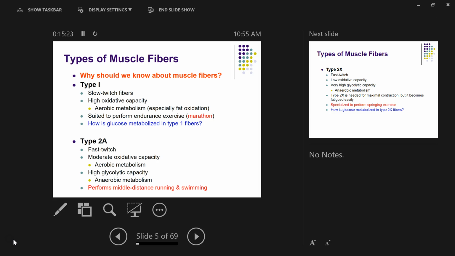So that means glucose can be oxidized in the type 2A fibers through glycolysis as well as complete oxidation, further oxidized through the TCA cycle, right? And this type of fiber is usually used to perform mid-distance running or swimming, this type of exercise, right? Usually uses type 2A fibers.